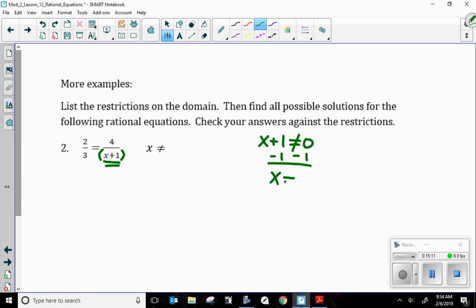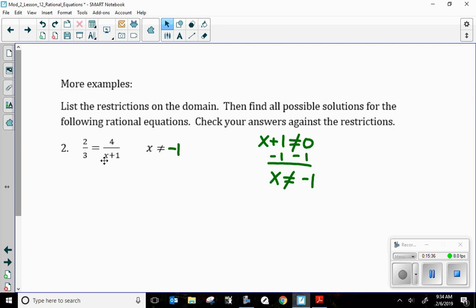And I say x cannot equal -1. Okay? Some of you might have been able to do that quickly, but I'm just showing you the math behind it. If x is -1, what's -1 plus 1? 0. That can't happen. That's a no-no. So our special no-no for this case in our domain is -1.